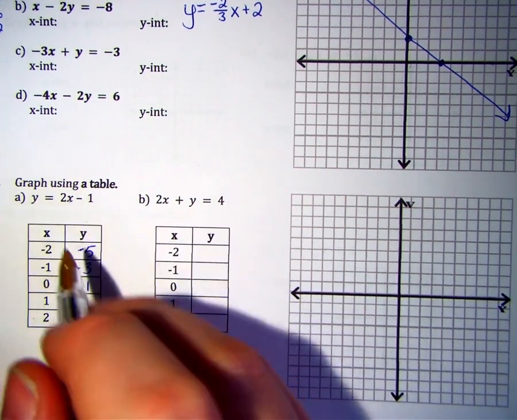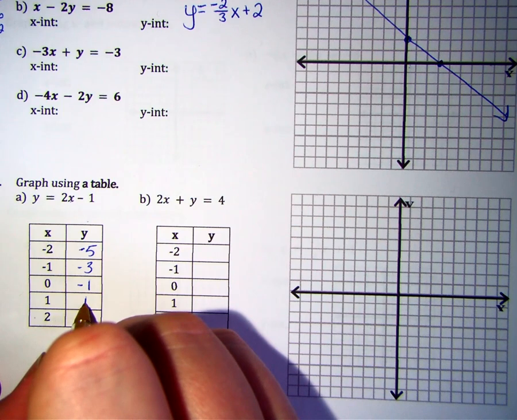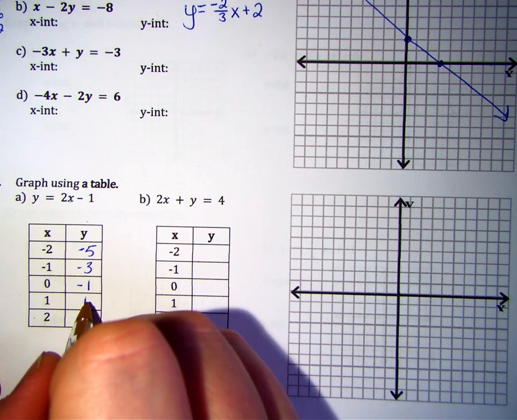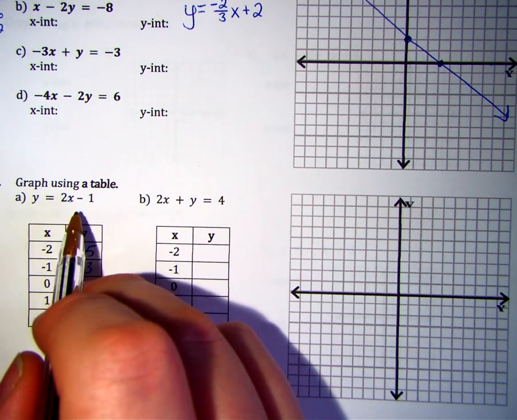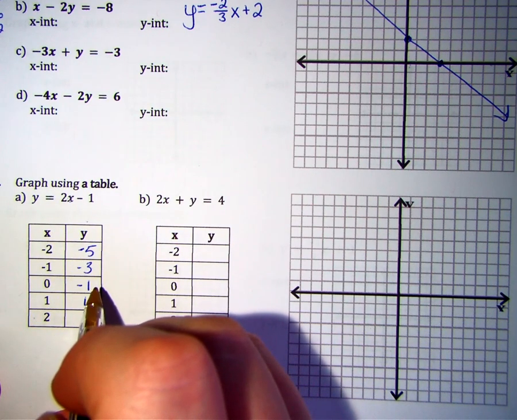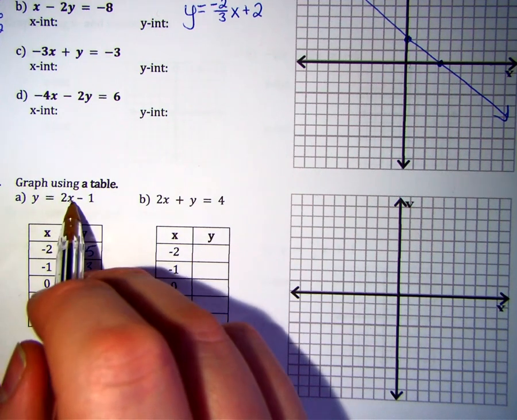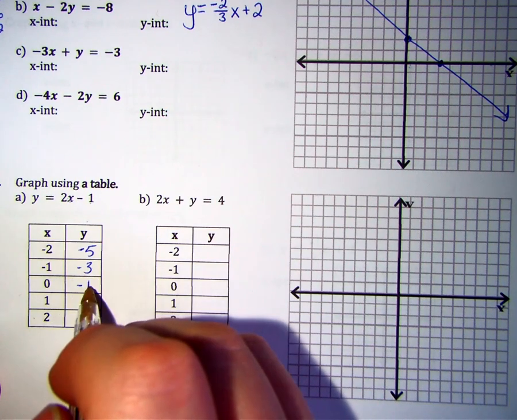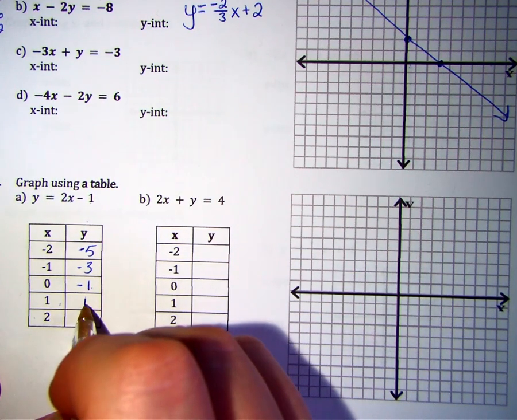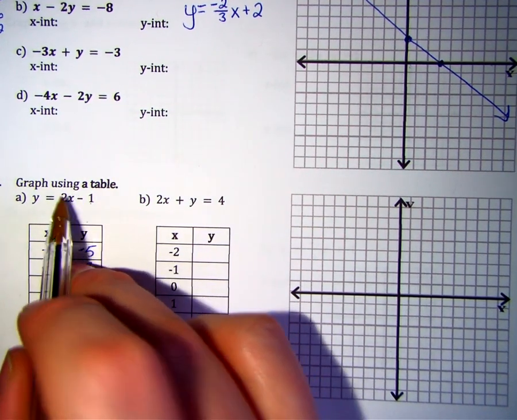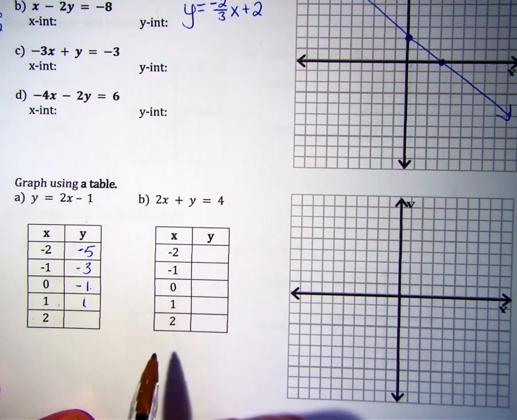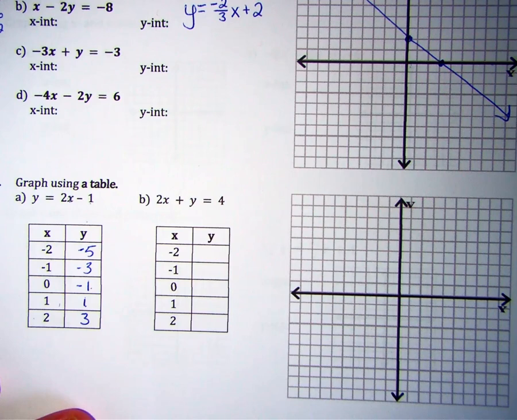1 times 2 is 2, minus 1 is 1. Two times 2 is 4, minus 1 is 3.